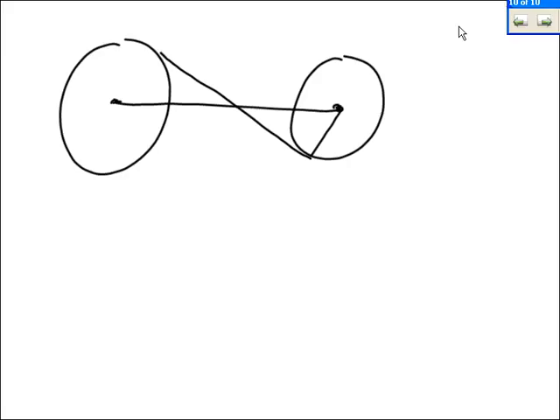But this is a tangent line to both circles. This is a tangent line to both circles. P, Q, R, S, and if need be, T.